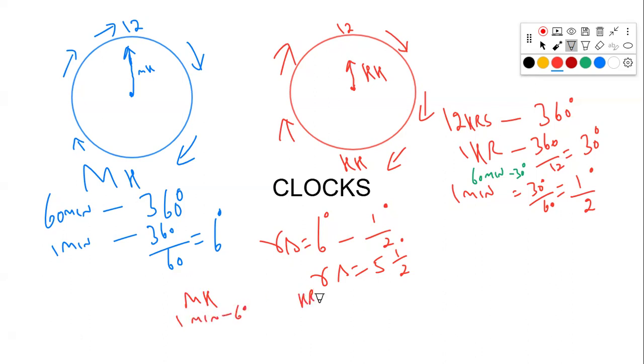For the hour hand, 1 minute is only half a degree, whereas 1 hour is 30 degrees. Minute hand, 1 minute, how many degrees? It moves by 6 degrees. Hour hand, 1 minute is half a degree only, but in 1 hour it moves by 30 degrees.